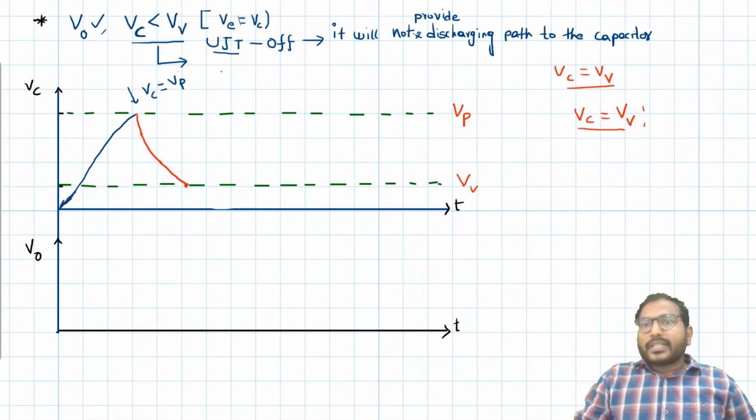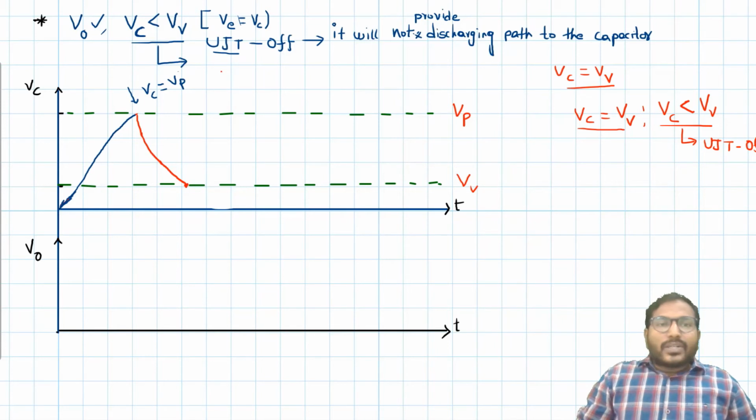We know the condition: when the capacitor voltage or emitter voltage is less than the valley point voltage, the UJT will turn off.